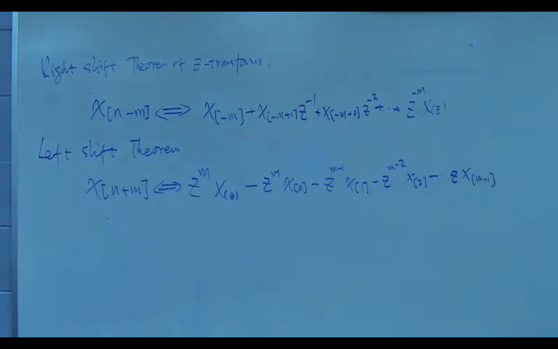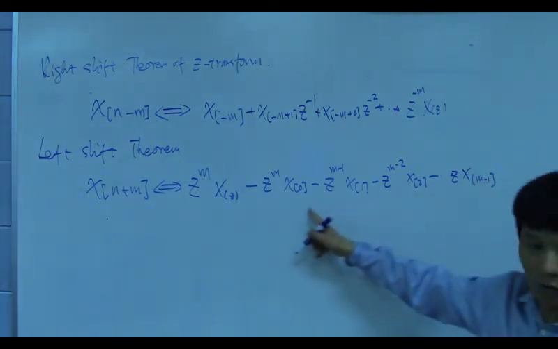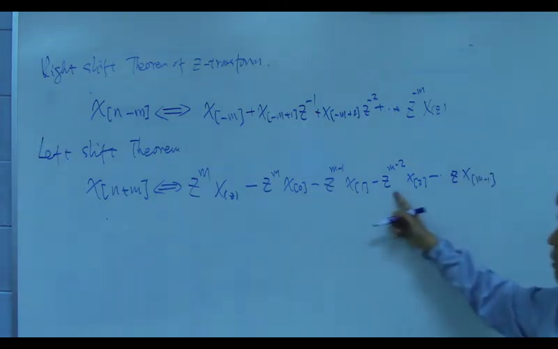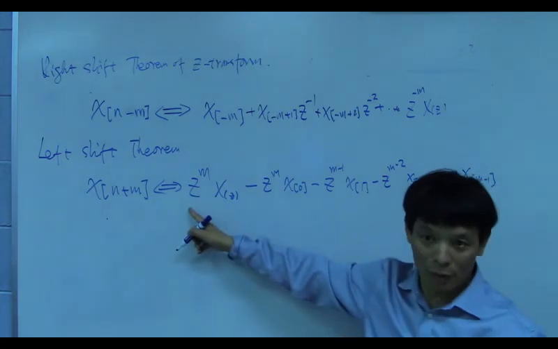Okay, again, we deal with the initial values here. If all the initial values equal 0, this is gone, this is gone, this is gone, this is gone. So we have only this term.